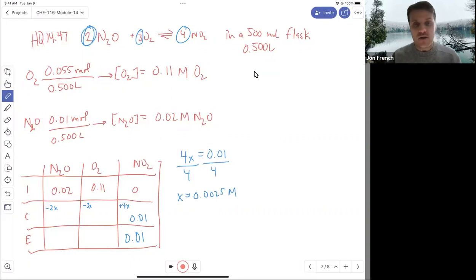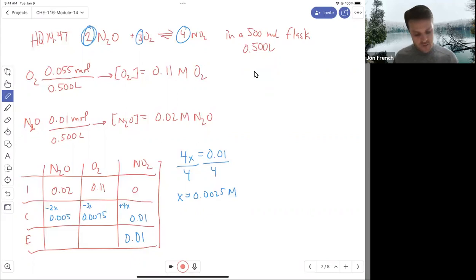Now we're just going to go back through and plug that in for the change for X in the other change brackets. So if we take a look, right, 2x would be 0.005, and then 3x would be 0.0075. So we subtract.